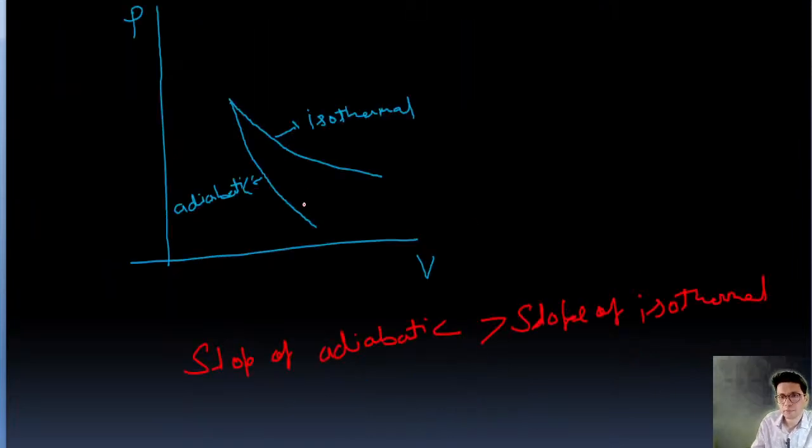This is the graph of adiabatic, and this is the graph of isothermal. You can see clearly this is steeper, so the slope of adiabatic is greater than the slope of isothermal.